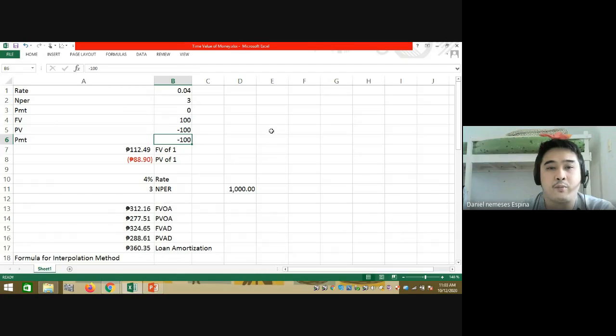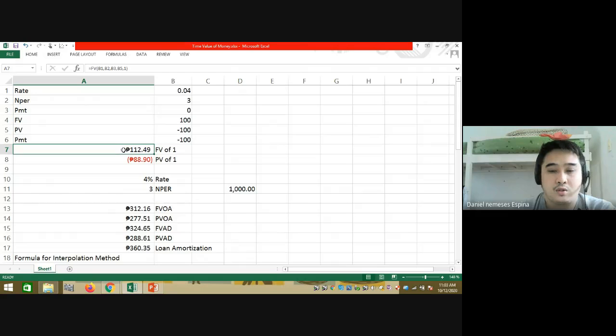For the lump sum formula, or in the time value of money table, that's called the future value of 1. So get the future value: equals FV, open parentheses, the rate, which is 4%, comma, N per is 3.